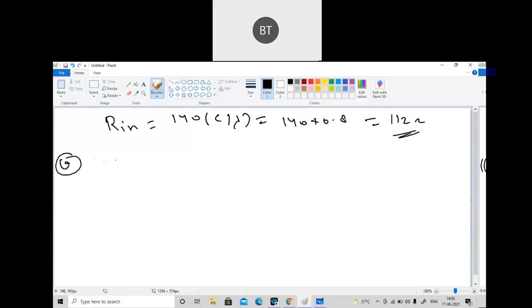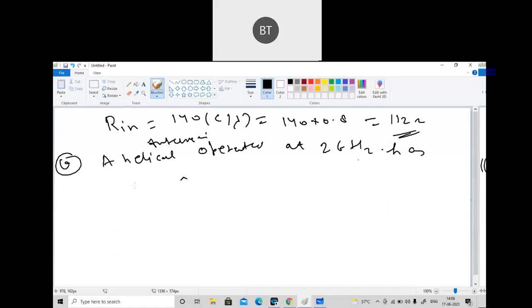A helical antenna is operated at 2 gigahertz and has dimensions which are given to you.